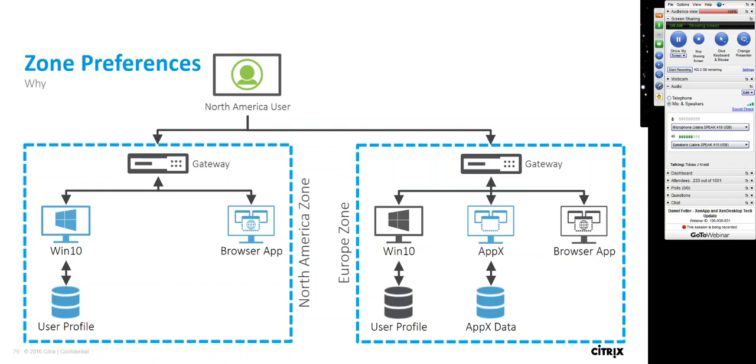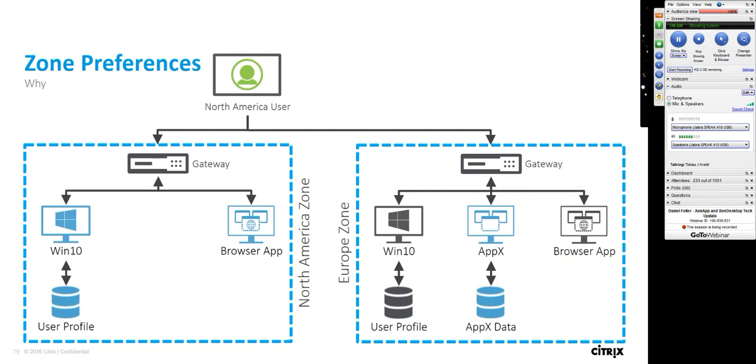The browser app has no data. We're going to base that on the user's location, so it's the user's location which will be the zone preference for that particular app. And then we have the AppX application, which has application-specific data regardless of the user. Now, it's only located in the Europe zone, but we would use an app home for that particular application.